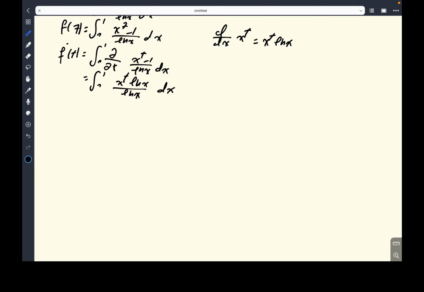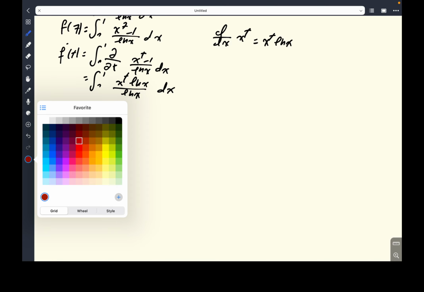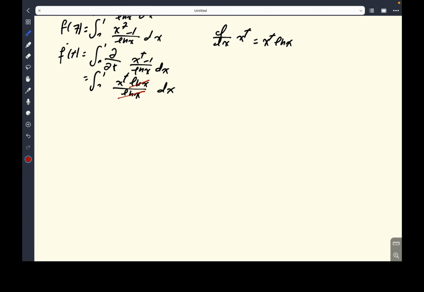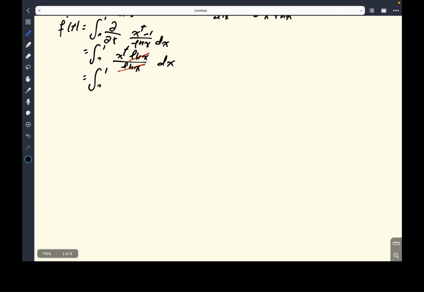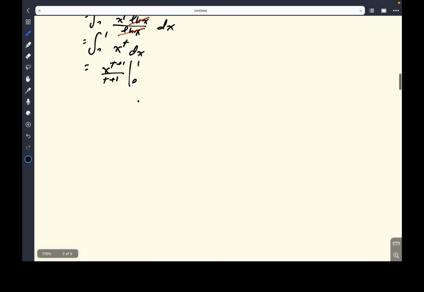So what I can do right now is cancel out these two natural logs, and I'm left with the integral from 0 to 1 of x to the t dx, which is very easy to solve, just the reverse power rule. It's going to be x to the t plus 1 over t plus 1, from 0 to 1.